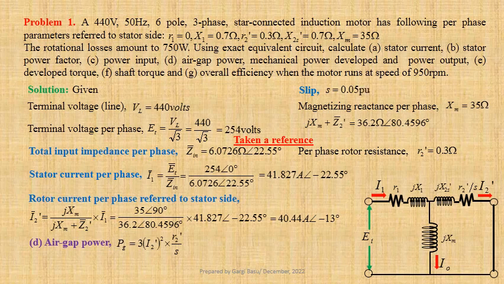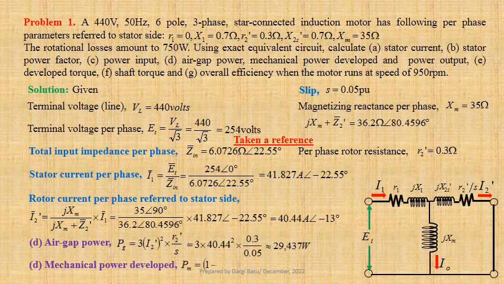Therefore, Pg equals 3 into 40.44 square into 0.3 by 0.05, which is approximately equal to 29,437 watts.